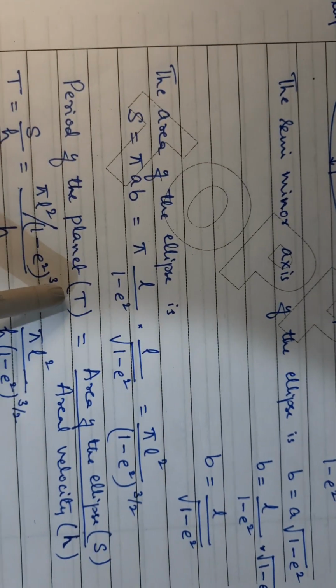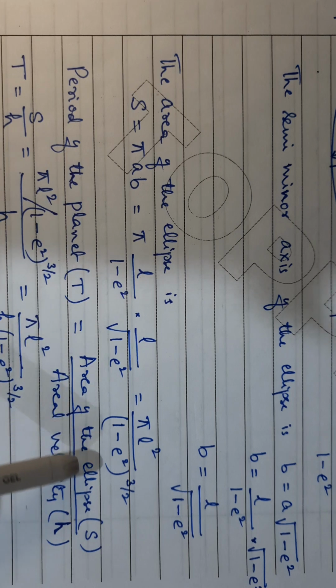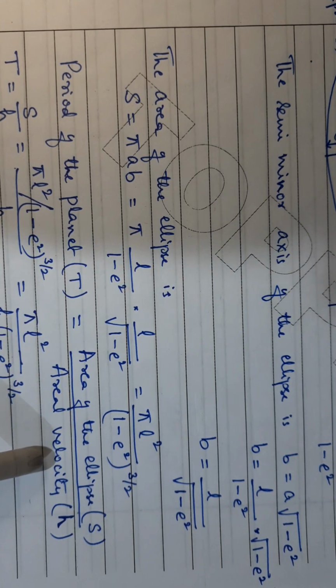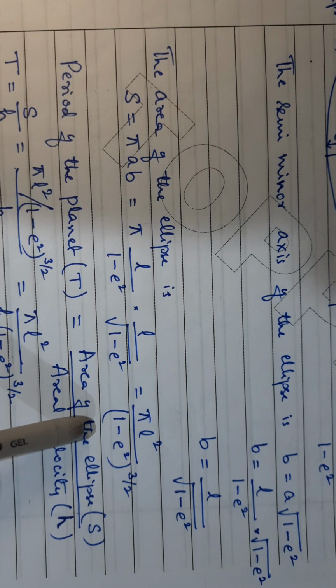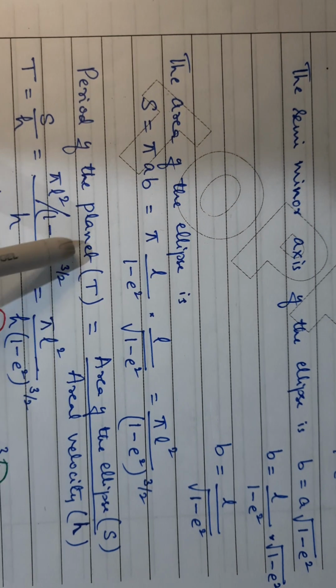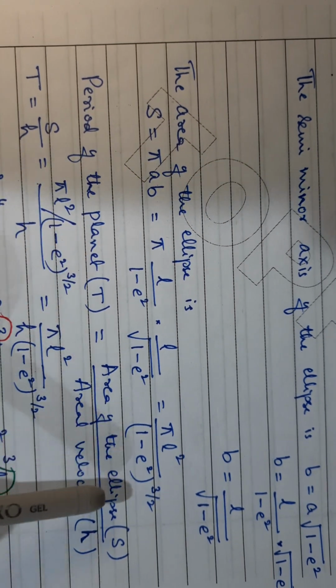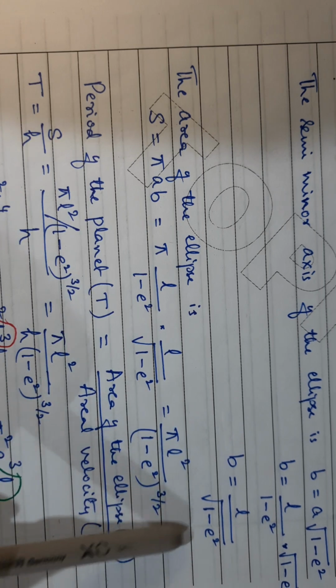The period of the planet is equal to T. How are we going to calculate the period? The area covered divided by the areal velocity, that is the period. Area covered by the planet, that is area of the ellipse, divided by the areal velocity, you are going to get the period. Area of the ellipse is S, and that S value is this.